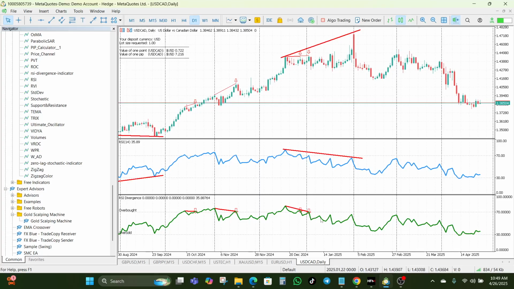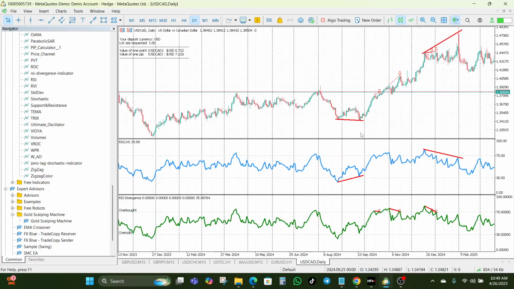And right here on the indicator window, the indicator also plots the divergence trend line on the RSI alongside the arrow, telling you the direction.